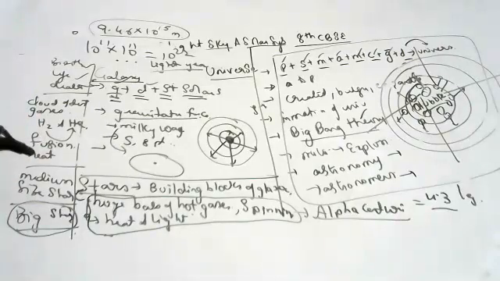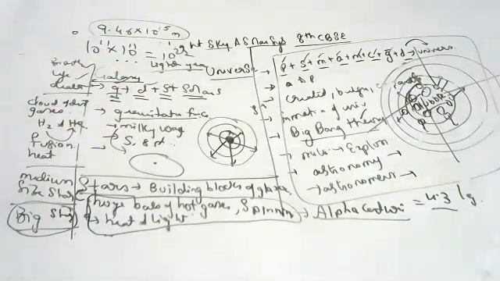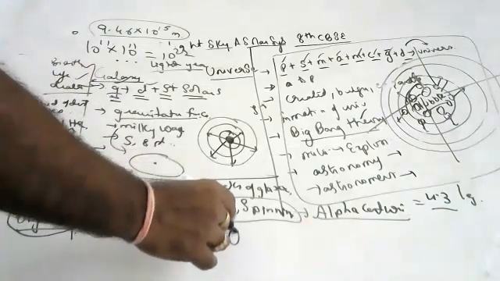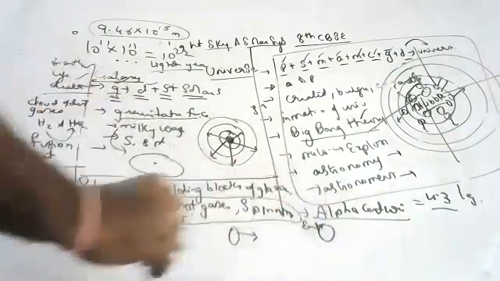It means that if today Alpha Centauri is giving light, after about 4 years it will reach the Earth.